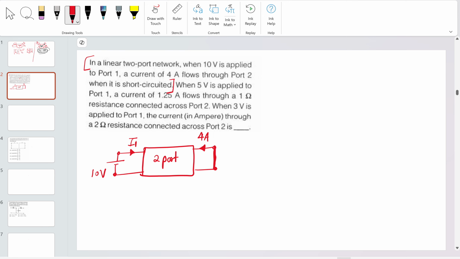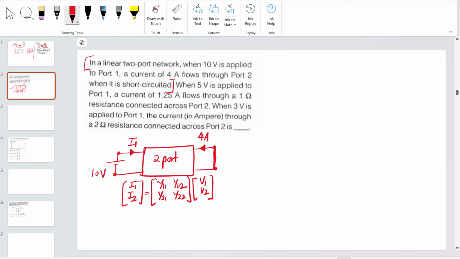So we were told that you should use the y parameter, that is, I1 I2 equals y11 y12 y21 y22 times v1 v2.